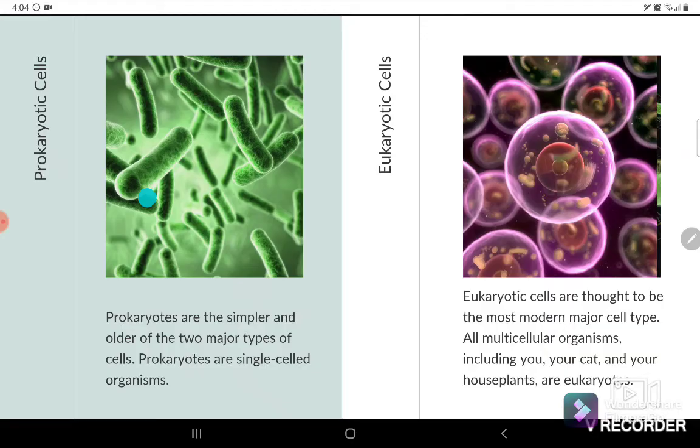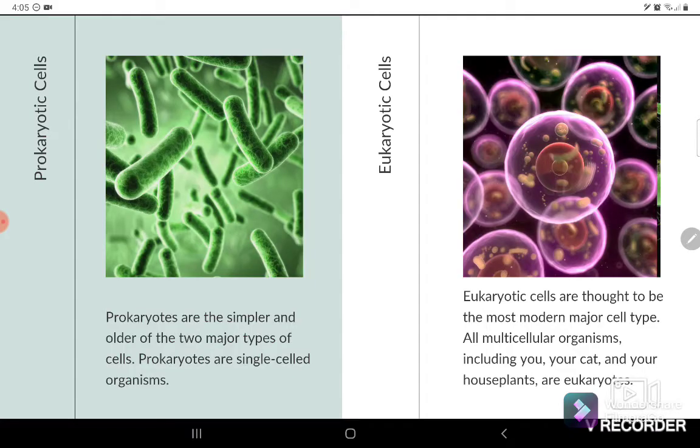Instead of having a nucleus, they have a free floating genetic material, okay? And that genetic material is located almost in the middle or in the central part of that prokaryotic cell, and we call them nucleoids. So instead of having a true nucleus, they have nucleoids containing their genetic material.